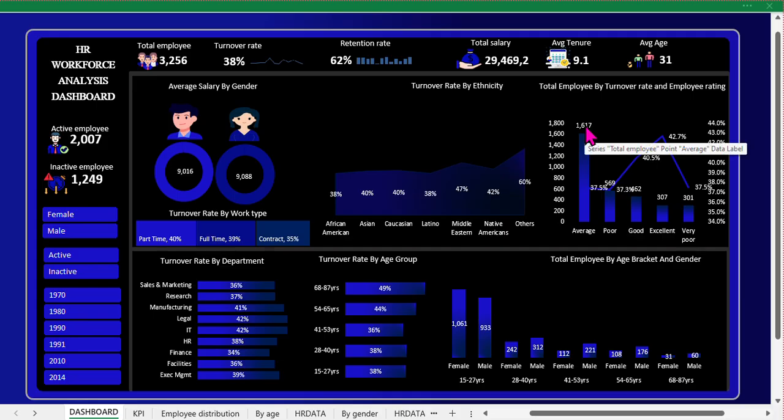Now we can also go further and slice our dashboard to see how responsive it is. We can filter to narrow down certain information on this dashboard. These are my slicers here: gender, active and inactive, and year.